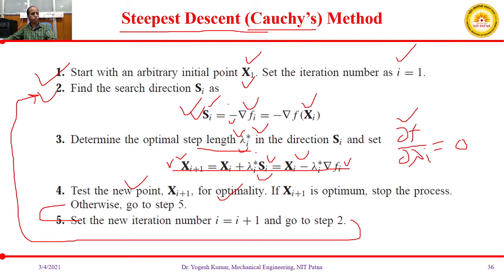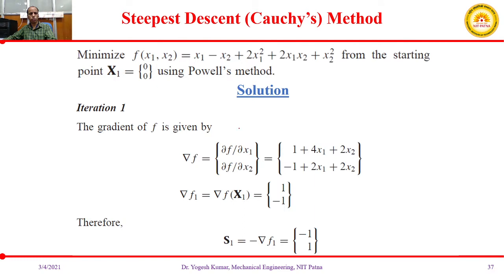Let us take the example which we took yesterday. The example was: minimize the function f of x1, x2, which is x1 minus x2 plus 2x1 square plus 2x1 x2 plus 2x2 square.